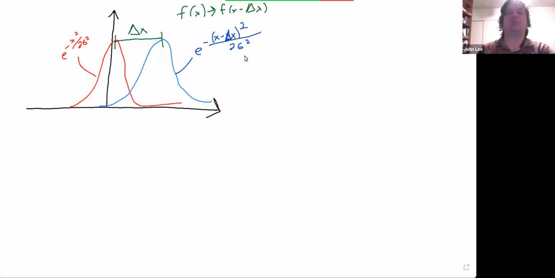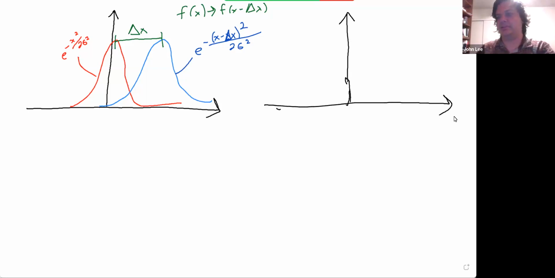So a wave is some sort of information, some sort of pattern that moves around with some speed v. So this is y, this is x.